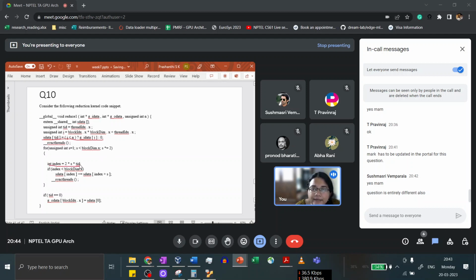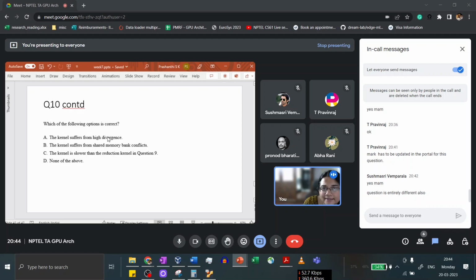You do index equal to 2 * s * tid, and if index is less than blockDim.x, sdata[index] += sdata[index + s]. Then there's a syncthreads and the same global data updation. So for this kernel, which of the following is correct? High divergence, shared memory bank conflicts, slower than the reduction kernel in question 9, none of the above.